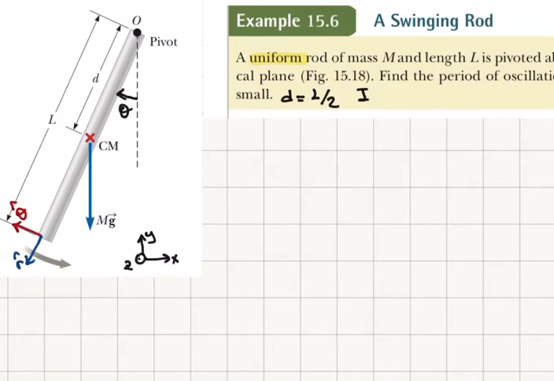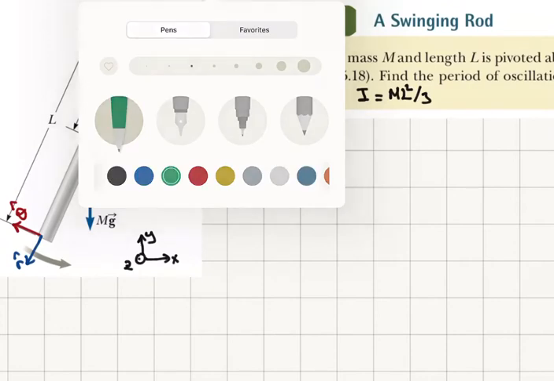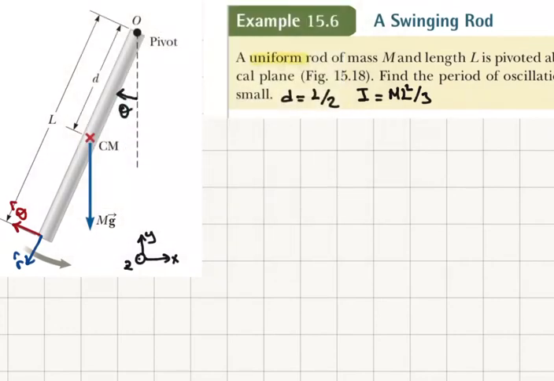And there's one more thing I know about this uniform rod with mass m and length L, that is the moment of inertia with respect to point O, a rotation axis going through point O. We have calculated before, it is mL squared divided by 3.